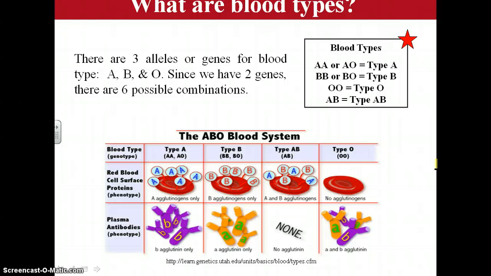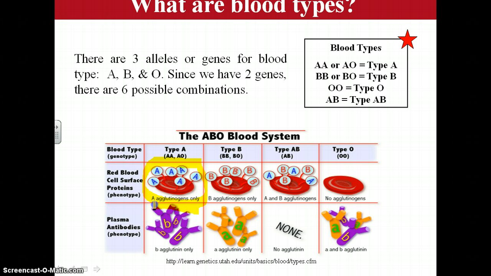And they all differ based on the antigens or antibodies you have on the surface of your red blood cells. Those of you who have type A blood, as you can see in this picture right here, have A proteins on the surface of your red blood cells.